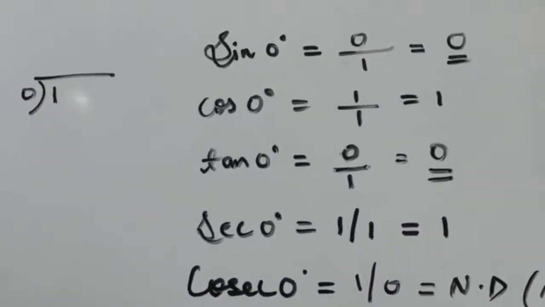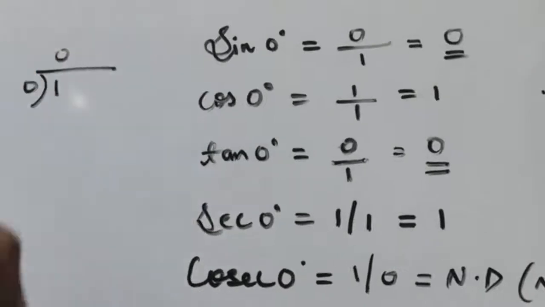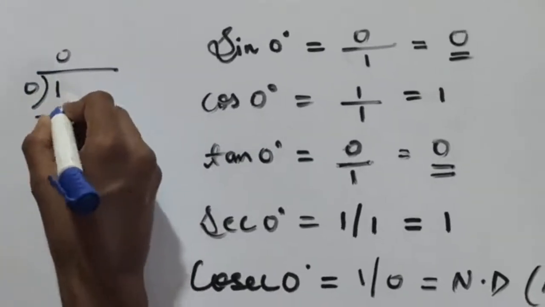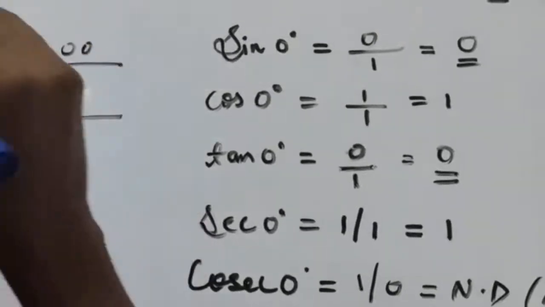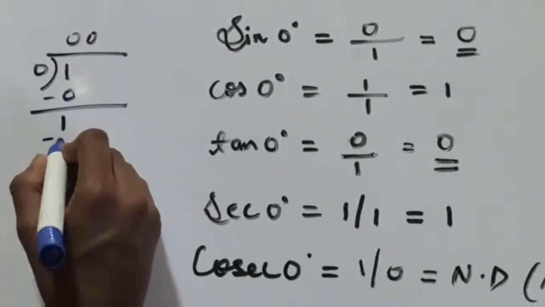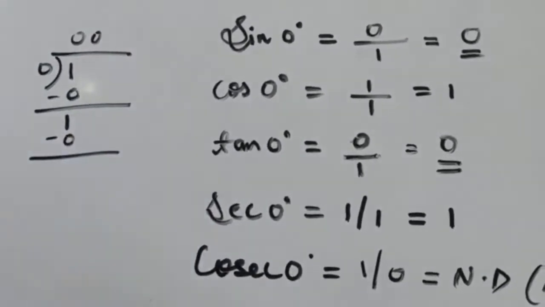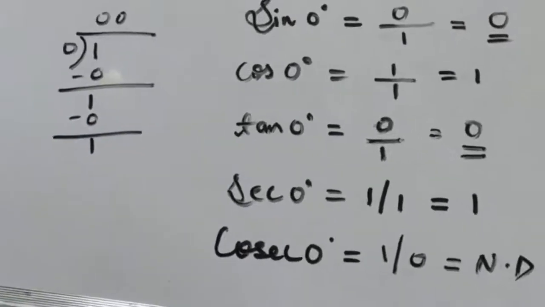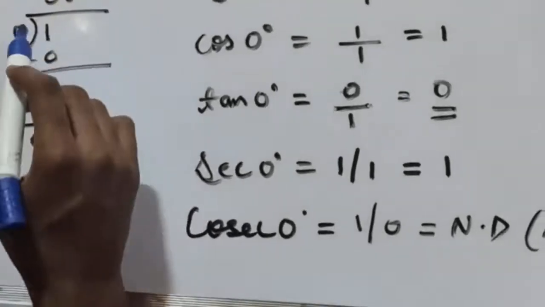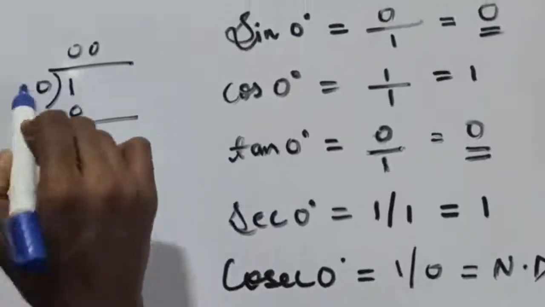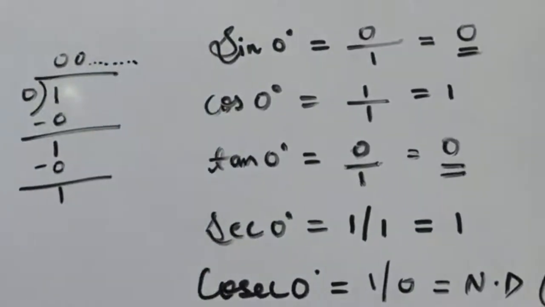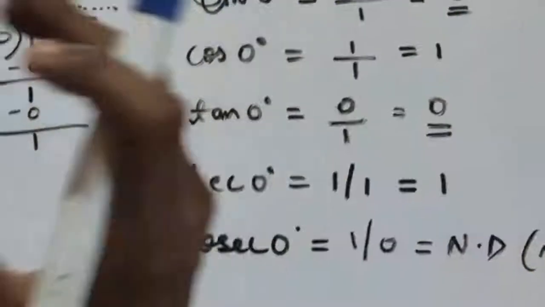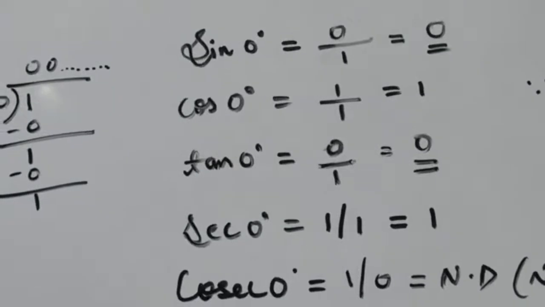Let's try. First of all, let's take 0. It will be 1 minus 0, again 1. Again we take 0, it will be 1 again. So, if we try to divide 1 by 0, we will be getting an indefinite string of zeros, isn't it?